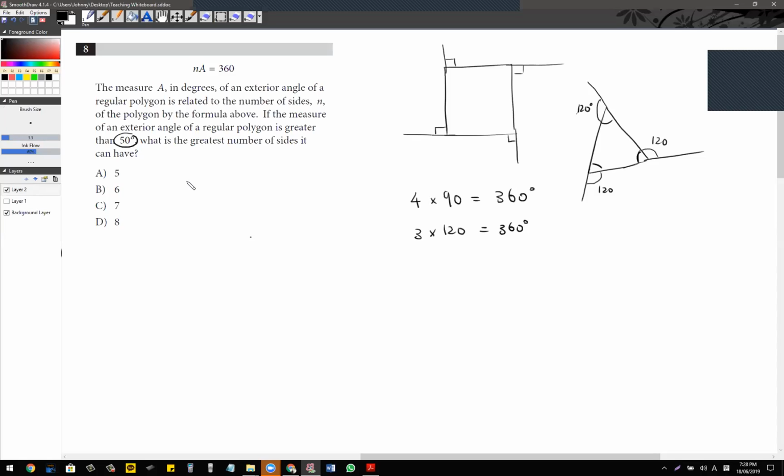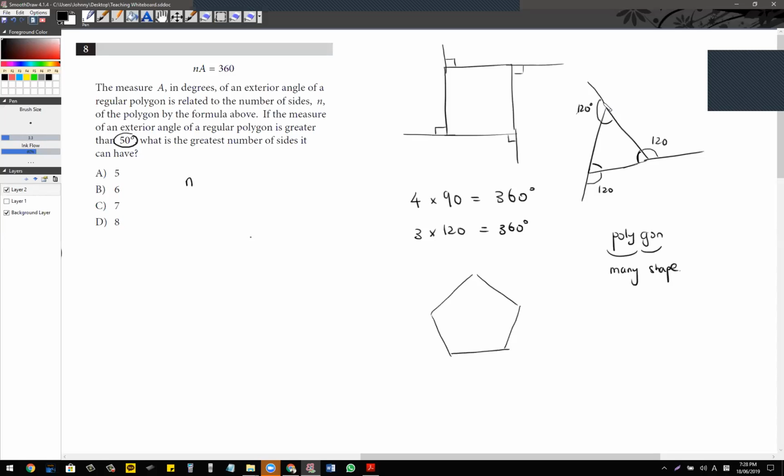So what does regular polygon mean? A regular polygon could be a triangle, a square, or a pentagon. Poly means many, and gon means shape, so many sides.